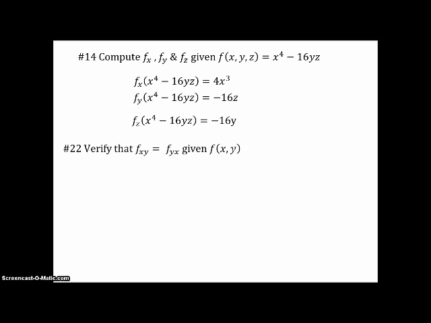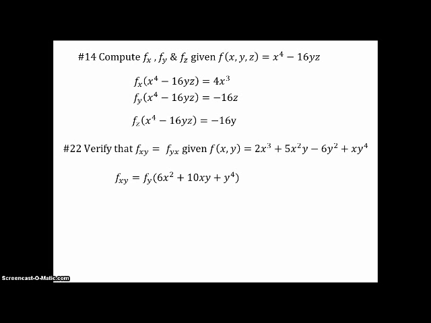Number 22, verify that f sub xy is equal to f sub yx for this function. Well, for f sub xy, first we take the derivative with respect to x. So the first term becomes 6x squared. The second term, the 2 comes down, and the 5y is treated as a constant, so we get 2 times 5y, which is 10y. And then the minus 6y squared goes to 0 because we're taking the derivative with respect to x.